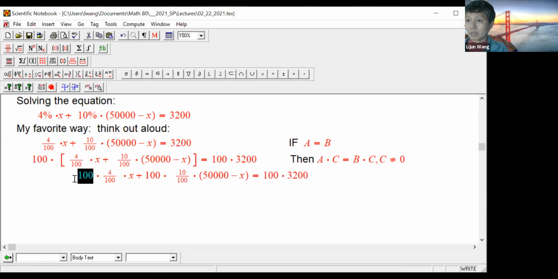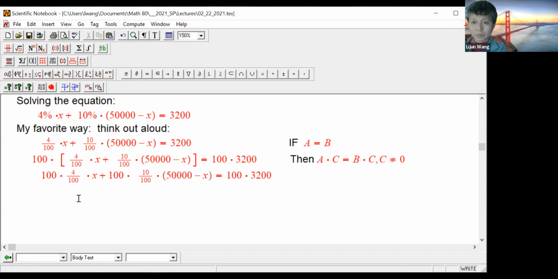Does everybody follow me? Yes? Now I can do some reducing. This 100 and this 100 reduce, and this 100 and this 100 reduce. What do I get?